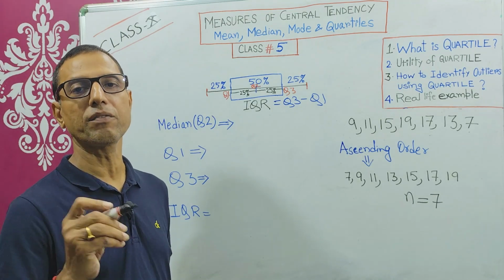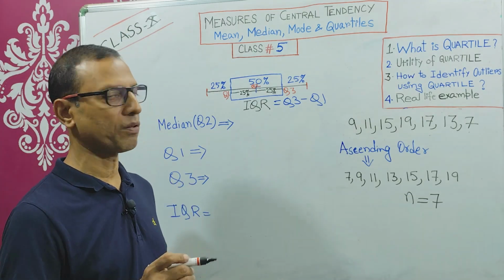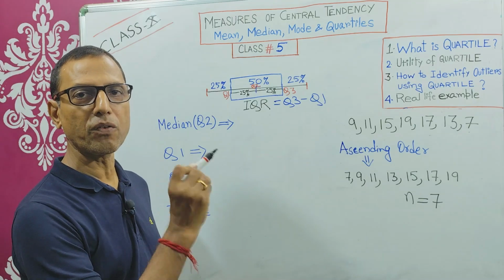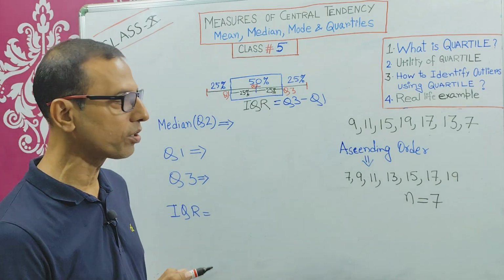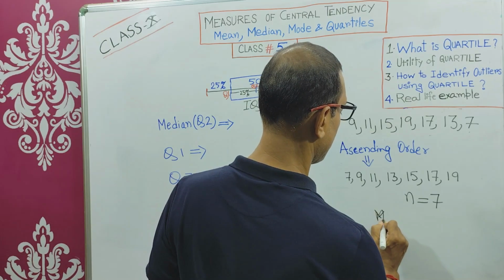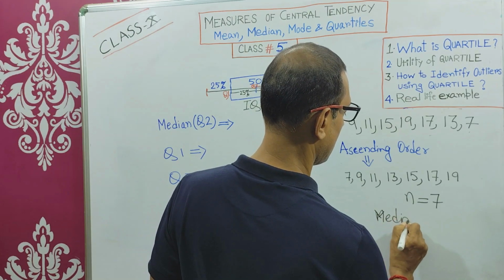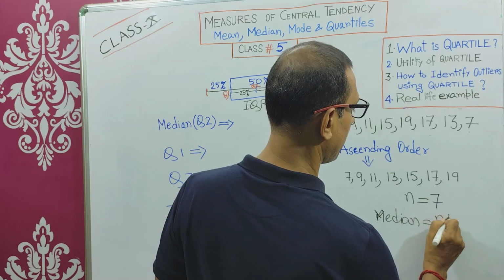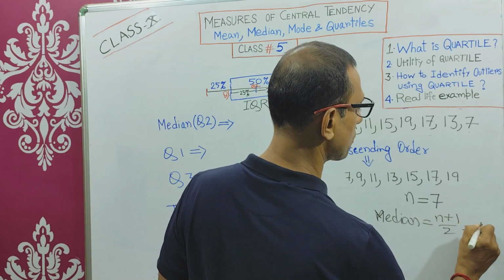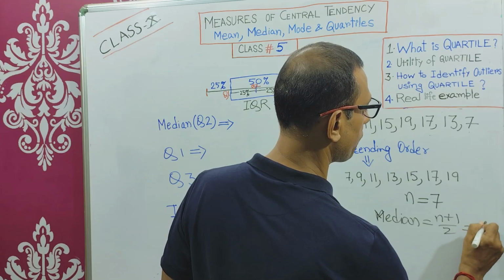Median is having 50% of data, right? So if the number of observations is 7, that is an odd number, that means the position for the median will be (n plus 1) by 2, that is the fourth position. 7 plus 1 is 8, 8 by 2, that is the fourth position.